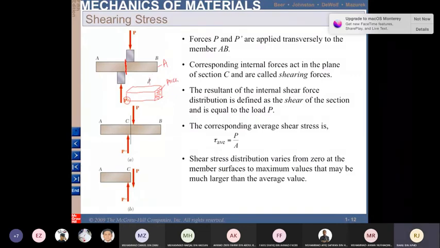You give force here and here, so you try to cut the structure here. The value of the shear stress can be calculated using the same equation. Shear stress is pronounced tau. Tau equals F over A, or P over A.